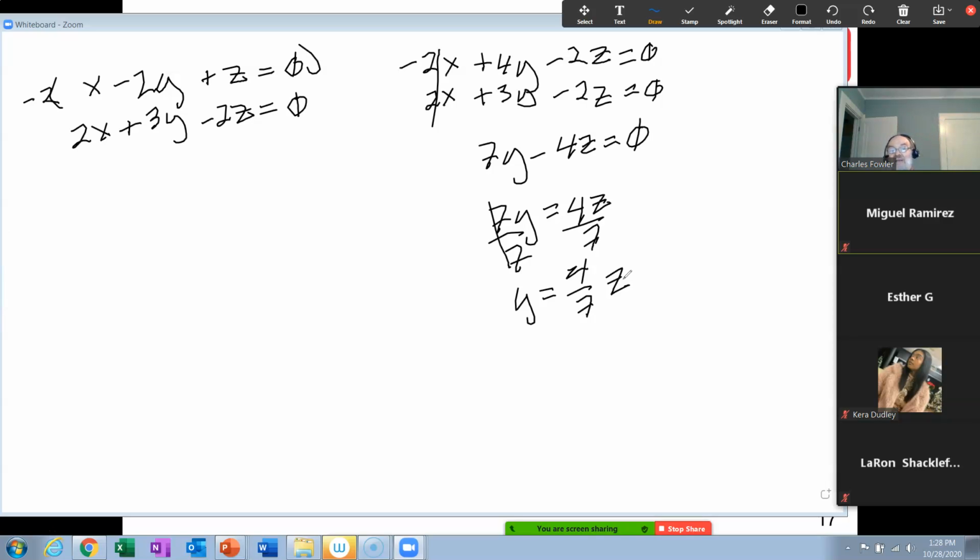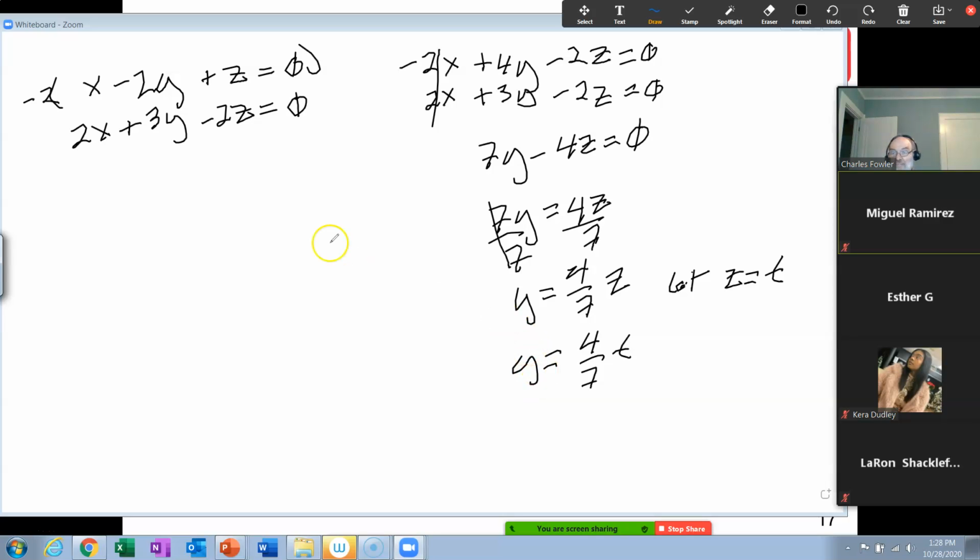Now, that means you could rewrite this: let z equal your parameter t, then y is equal to 4/7 t.